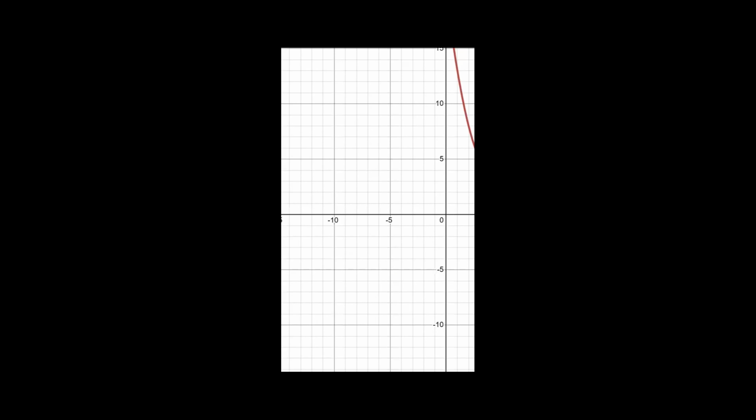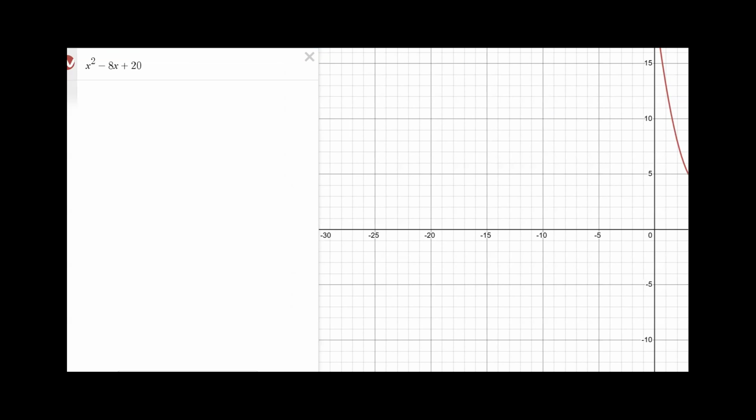So we're going to go over to Desmos, and we're going to have 4 over 3 times pi times the radius cubed.